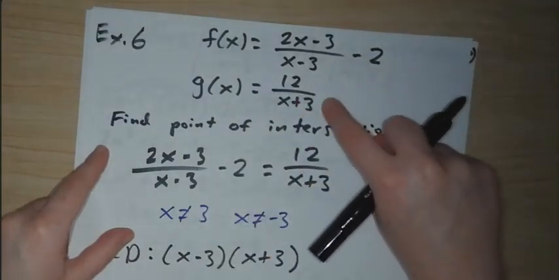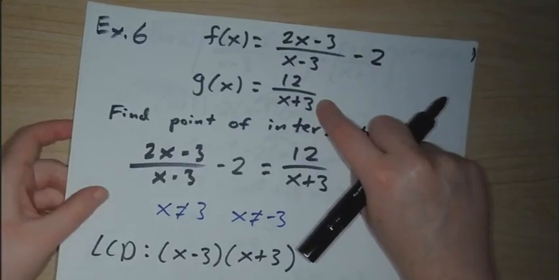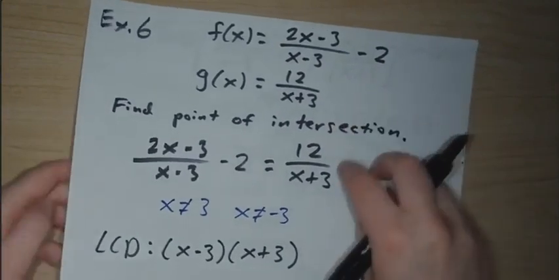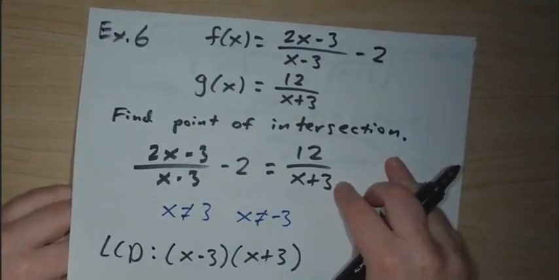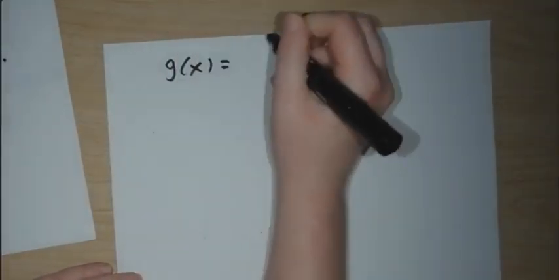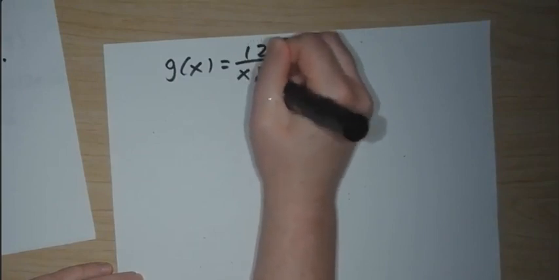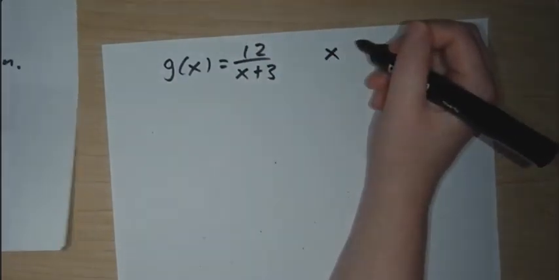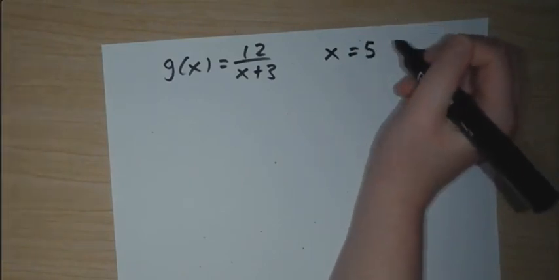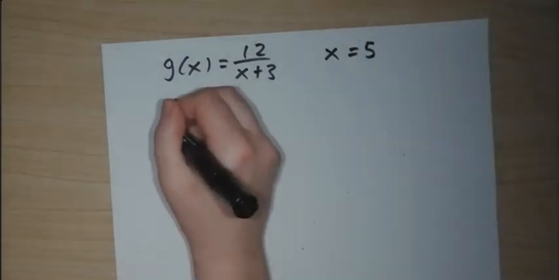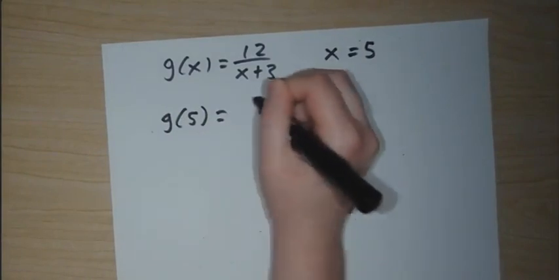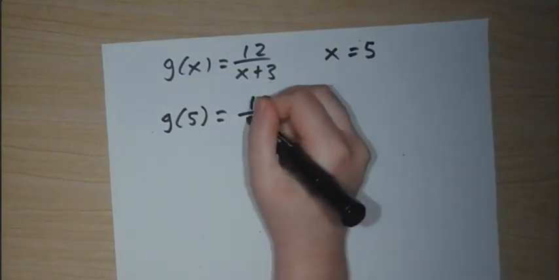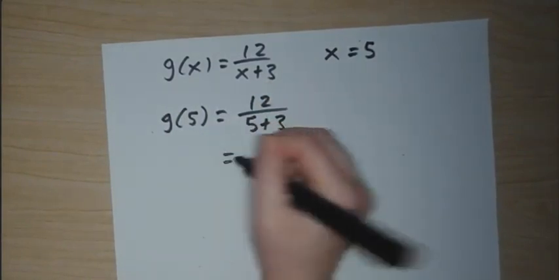Looking at which one is simpler, I'm going to choose g of x to substitute our x equals 5 into. So we have g of x is equal to 12 over (x plus 3). And we had an x value at the point of intersection of x equals 5. So substituting, we have g of 5 is equal to 12 over (5 plus 3).